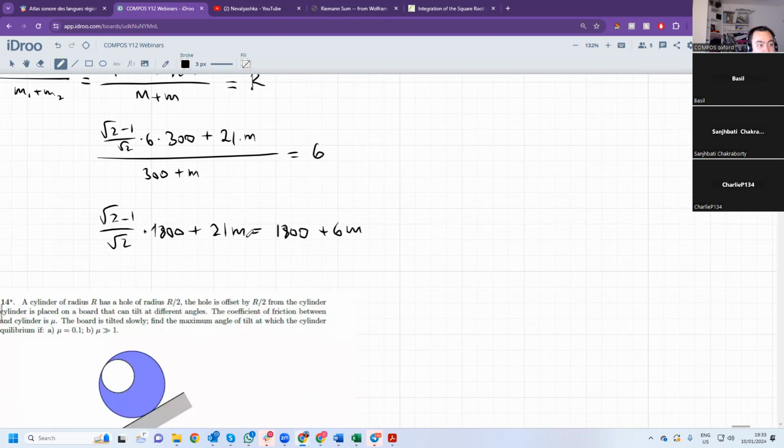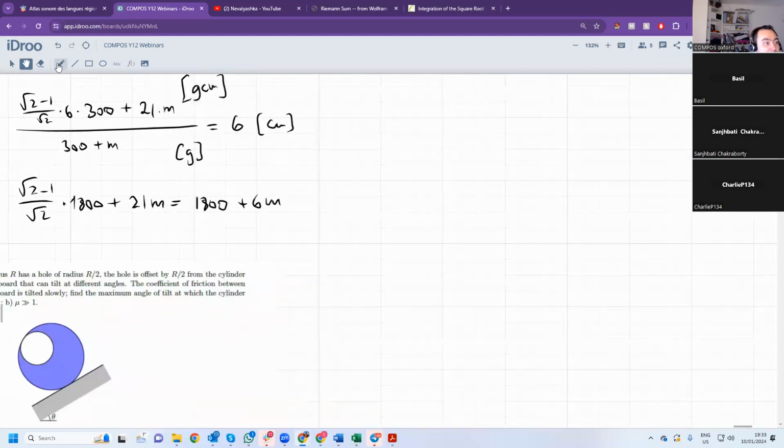My answer is going to be in centimeters, because the top is gram centimeters and it's divided by grams. Gram centimeters divided by grams is going to be centimeters. So there's no contradiction here. I'm being consistent. One thing I'm usually quite good at is not messing up the units.